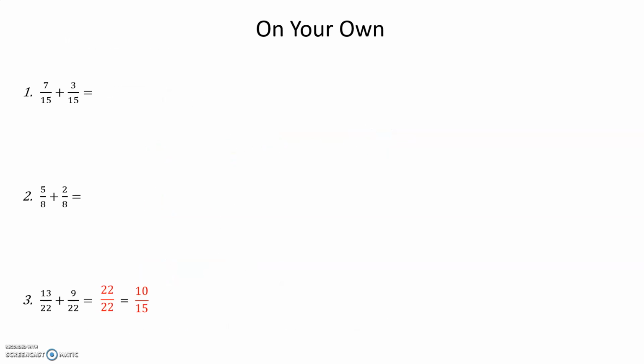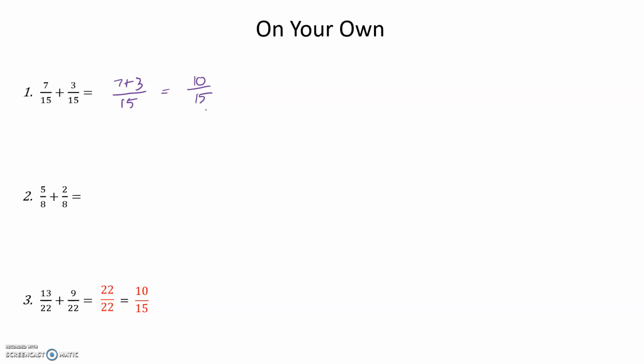All right, so I kind of gave you guys the answer there. It won't be on your screen, so hopefully you didn't look at that. So number one, I have 7/15 plus 3/15, so that's 7 plus 3 over 15, which equals 10/15.